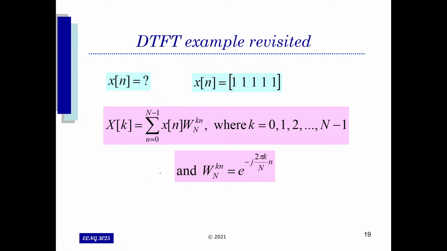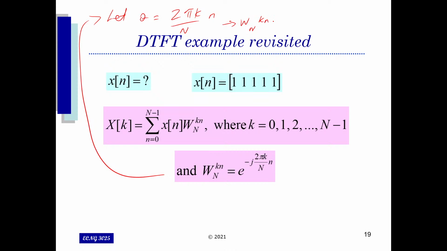We're going to extrapolate this a little bit here, and we're going to say that theta equals 2 pi k divided by n multiplied by n, and at w of n, k of n form, if we don't wish to write it in this complex exponent form, this is just basically cosine theta n minus j sine theta n.